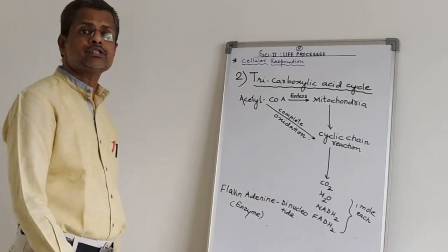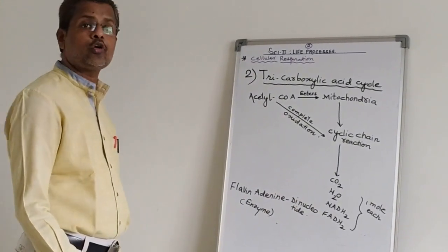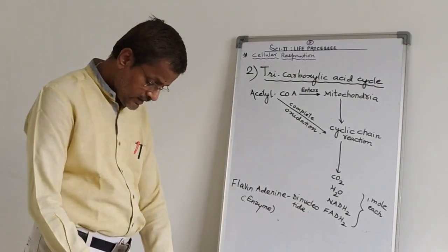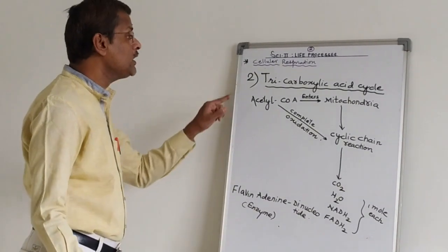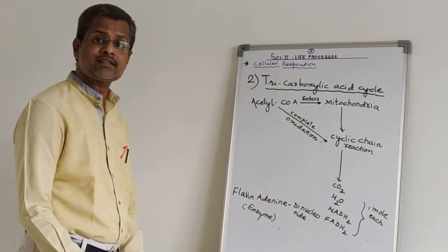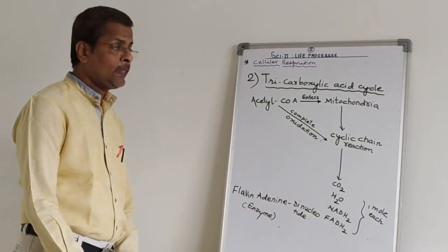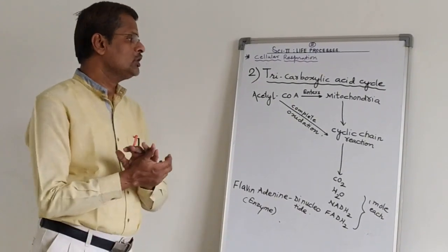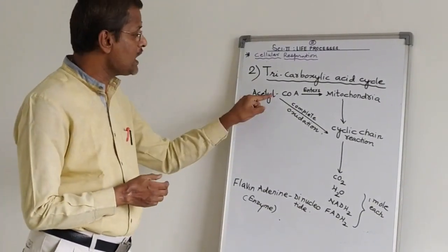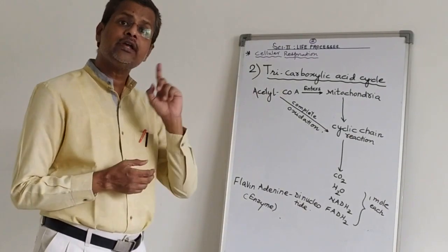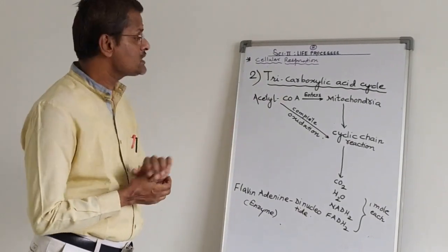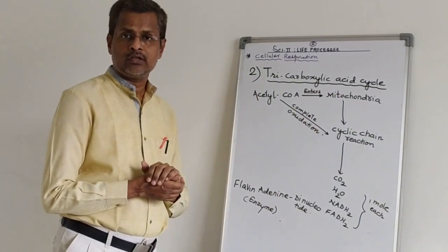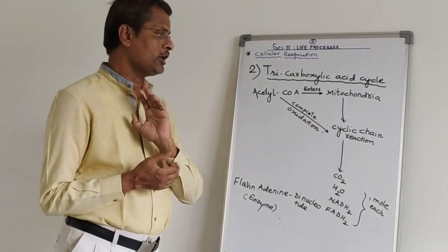We turn towards the second step of cellular respiration, and that step is the tricarboxylic acid cycle. So in the tricarboxylic acid cycle step, acetyl coenzyme, which is already formed in glycolysis, enters into the mitochondria, a cell organelle.